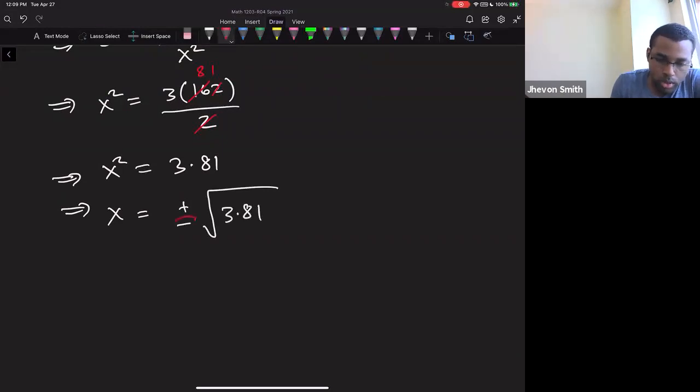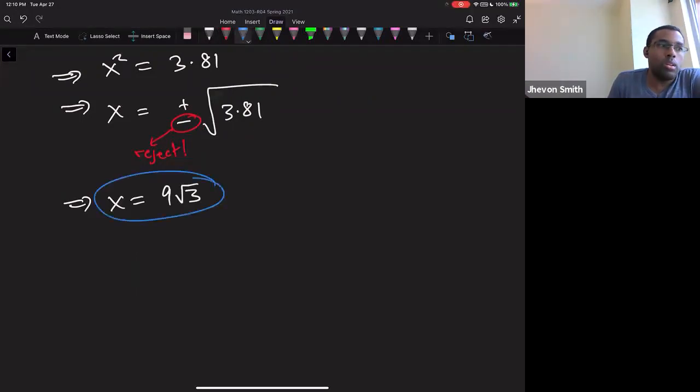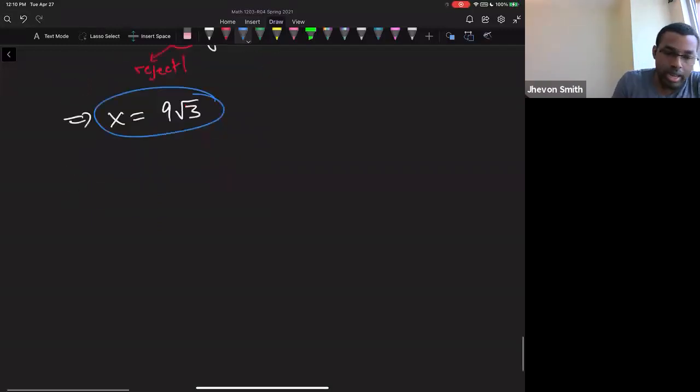Of course, we're going to reject the negative because you can't have a negative length. So this means that your x would be 9 rad 3. There's only one answer. We're just going to assume that's the answer and move on to answering the question.